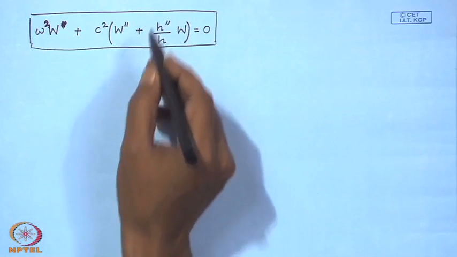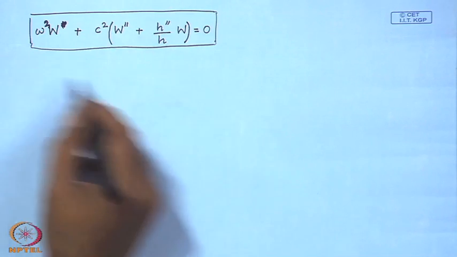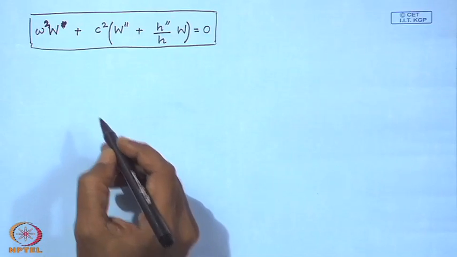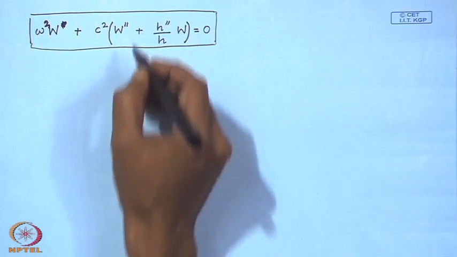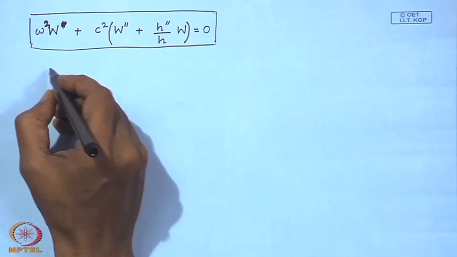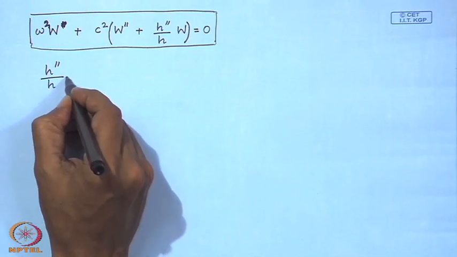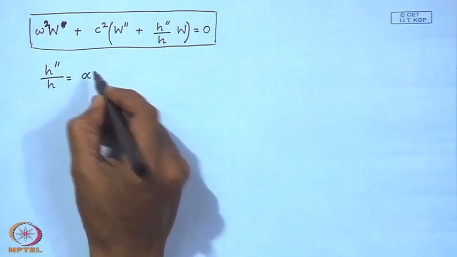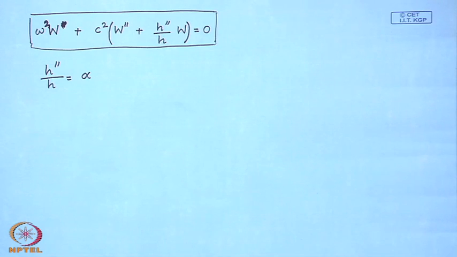Now, for a special choice of this function h, this differential equation can be expressed in a very familiar, very simple form if h double prime over h is a constant, let us say alpha, where alpha could be a positive or a negative constant.